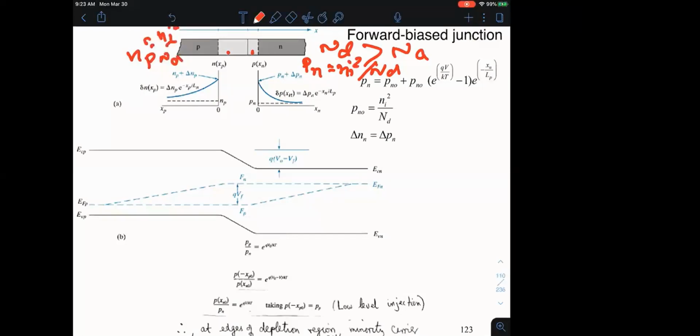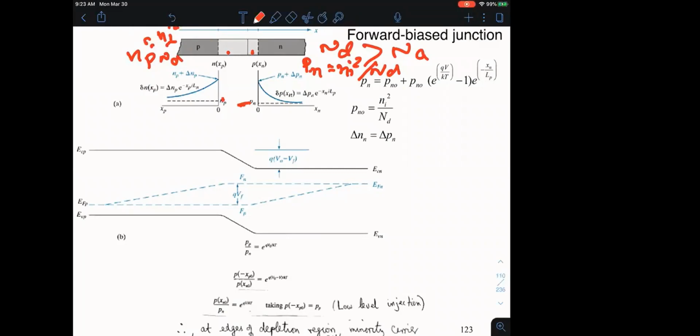And that's what I'm showing over here. Because the majority carrier electron concentration is higher than the majority carrier hole concentration, the minority hole concentration on the N side is slightly lower than the minority carrier electron concentration on the P side, as shown by these dotted lines that I just marked off.